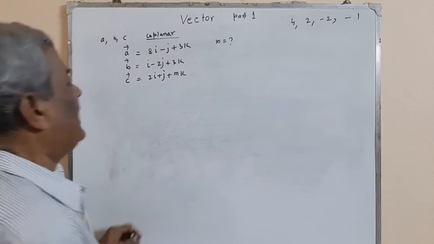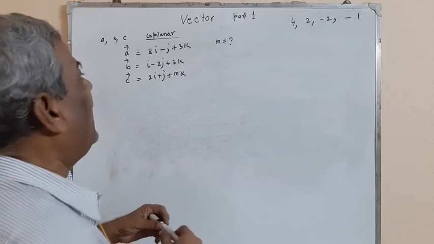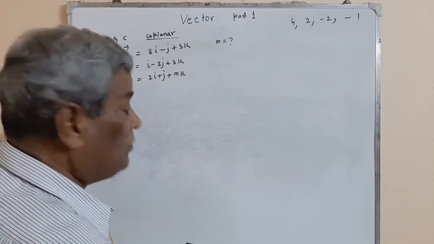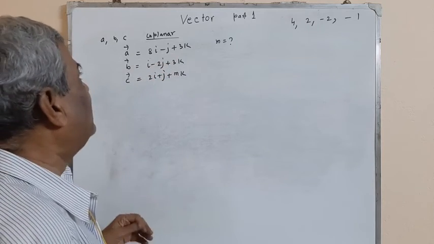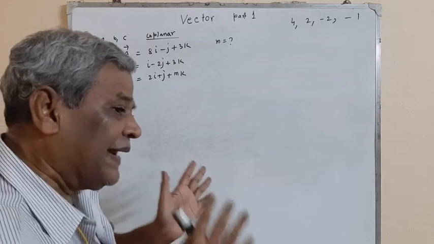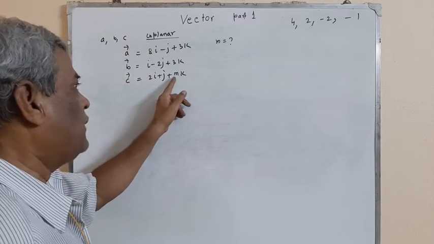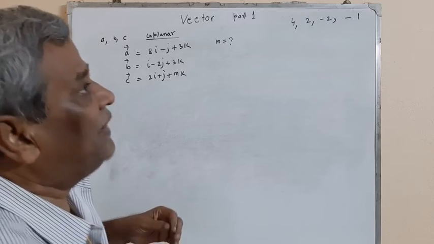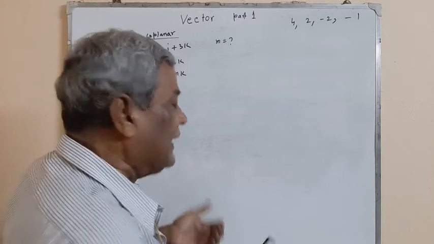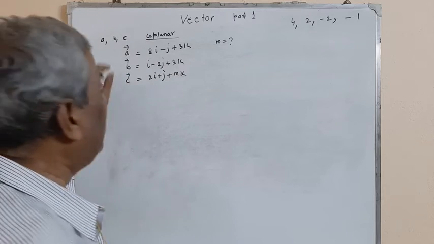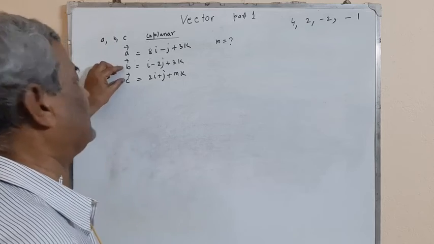So here three vectors are given, and given that they are coplanar, in the component of the C vector one unknown is m. We have to find the value of m. If the vectors are coplanar, then any one vector can be expressed as a linear combination of the others.